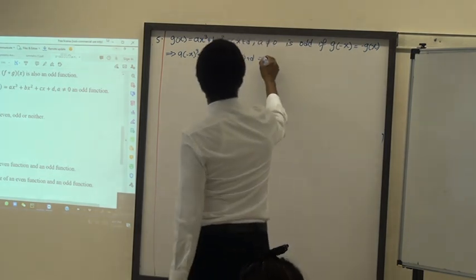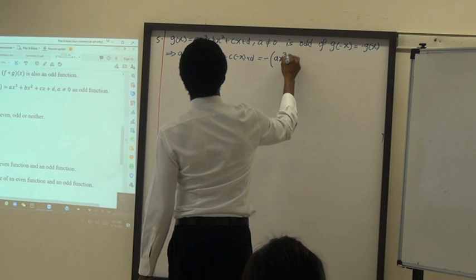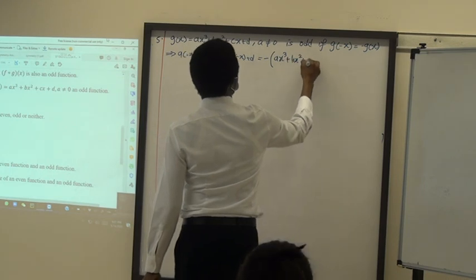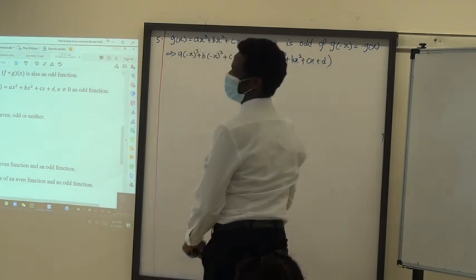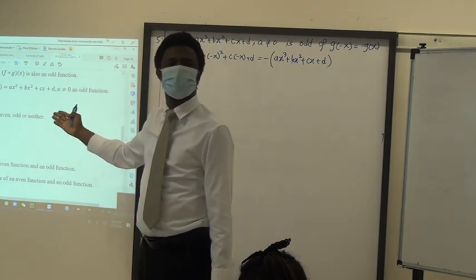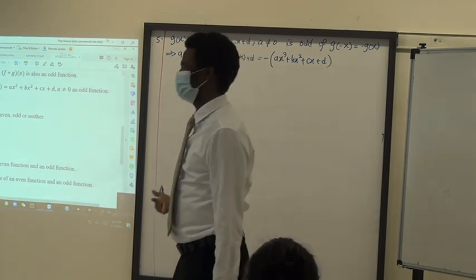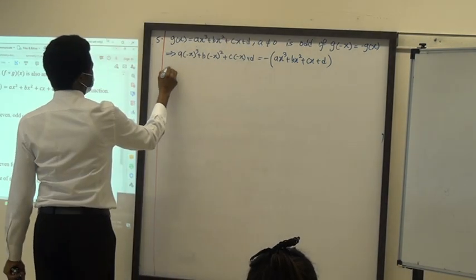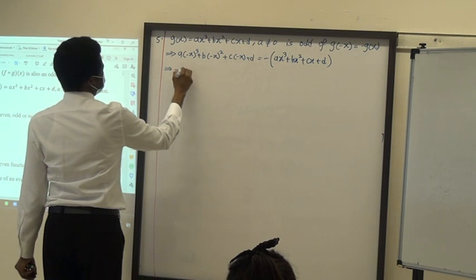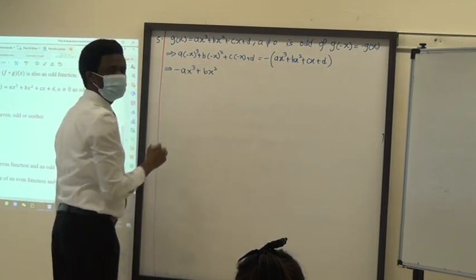Okay, so on my right you have minus of everything: ax cubed, bx squared, cx plus d. That's all you have to simplify because that's what you did in number 2. So I don't know why some of you didn't do that in number 5. Remember for the odd powers, negative is retained, and for the even power, negative is absorbed.